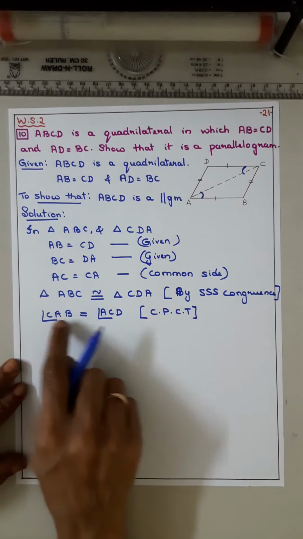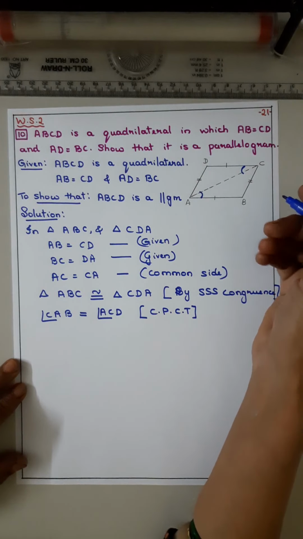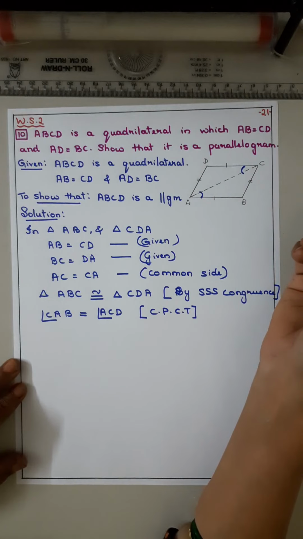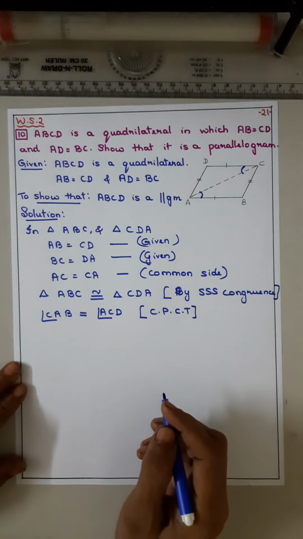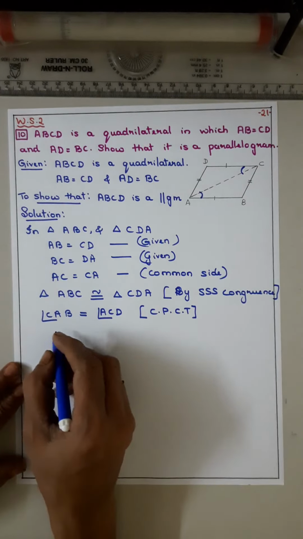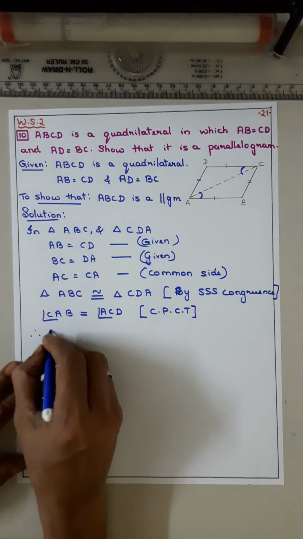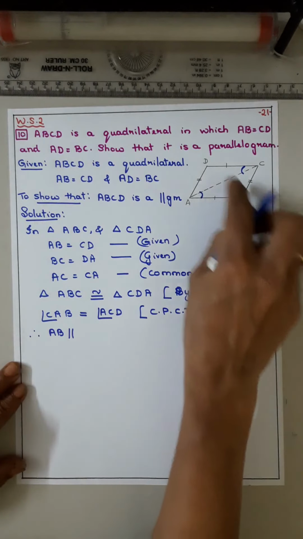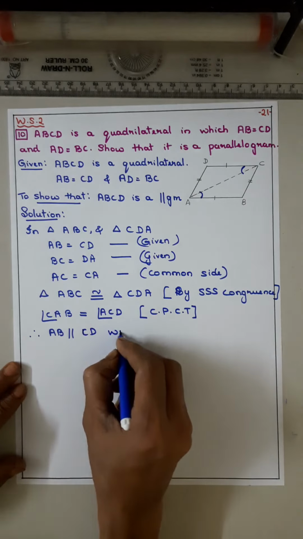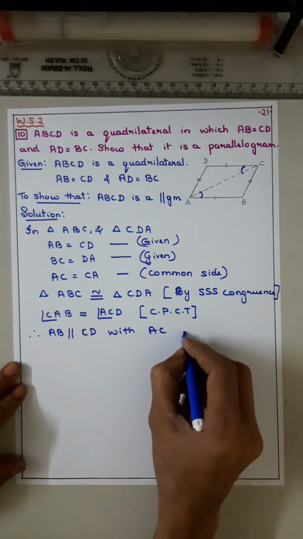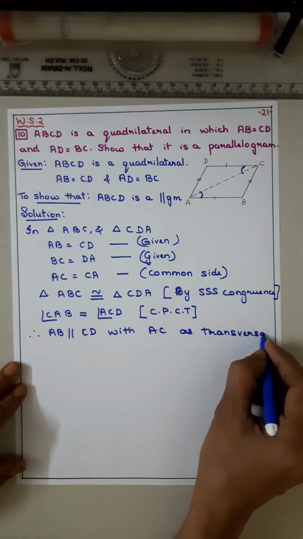Okay, now when these two angles are equal, what does it mean? They become which type of angle? Z. That is alternate interior angles, isn't it? So therefore AB will be parallel to DC, with AC as transversal.